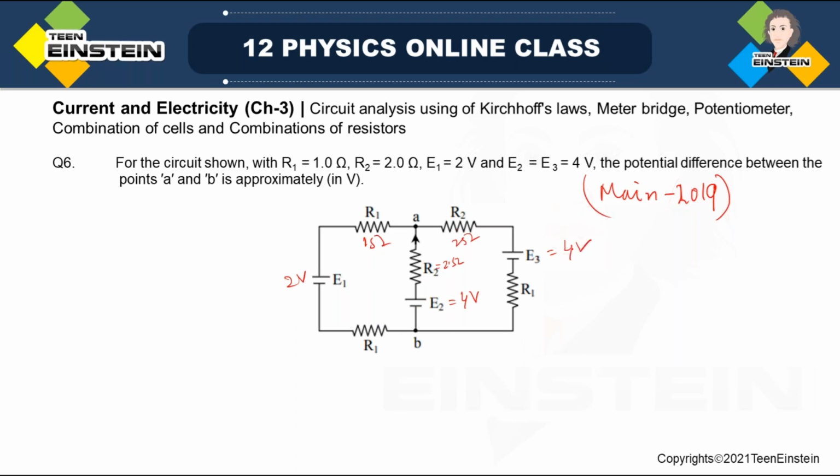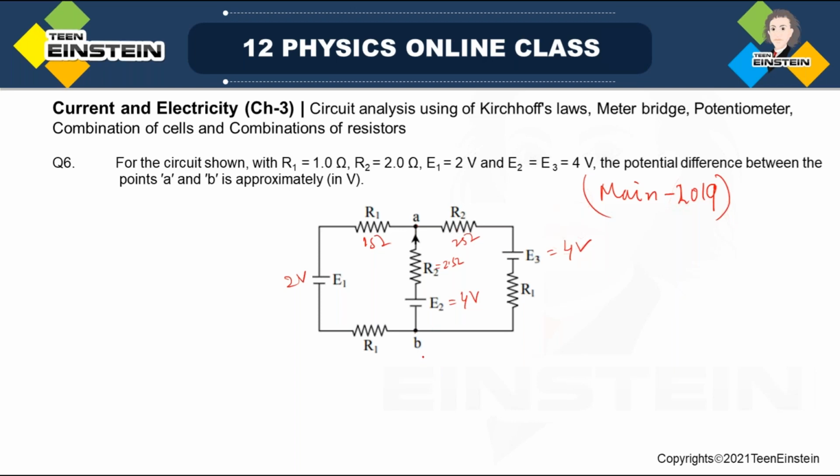Now you have to find out the potential difference between A and B. You look, this is A and this is B.